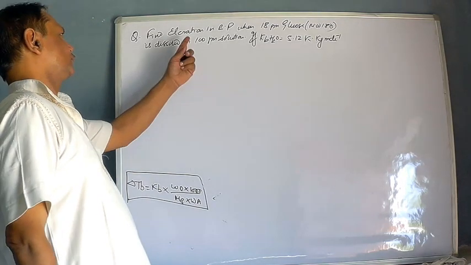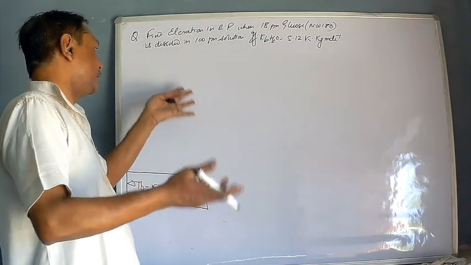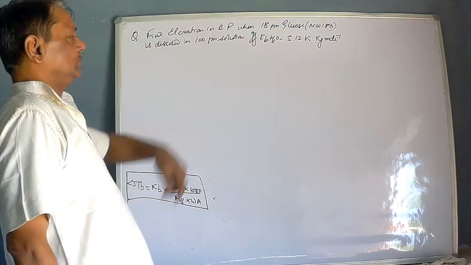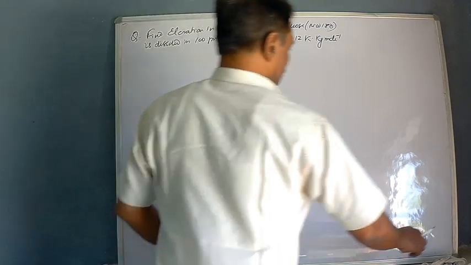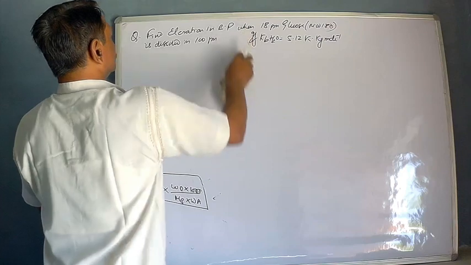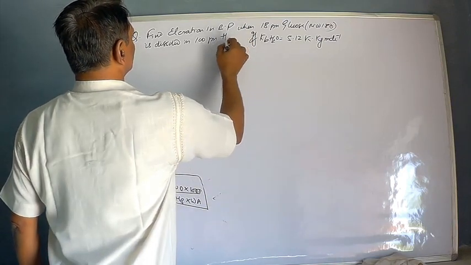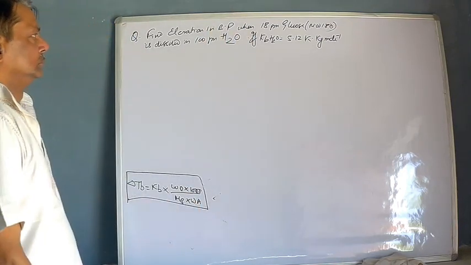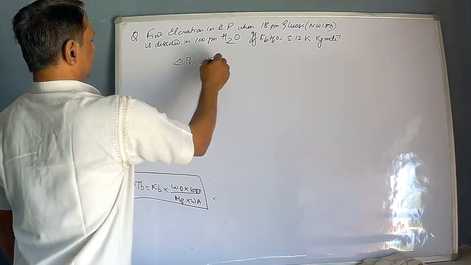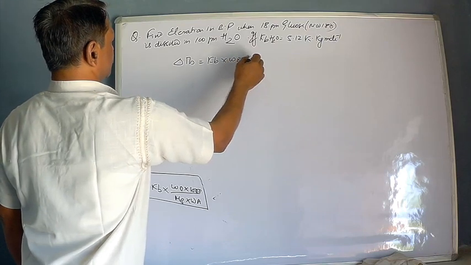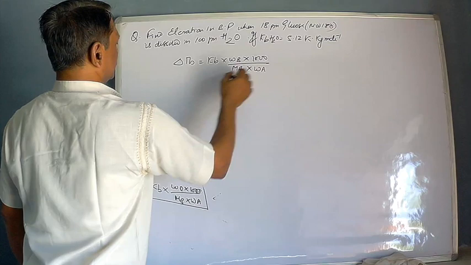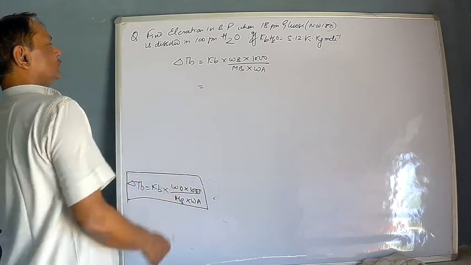So class, we are supposed to find out how much the temperature will be elevated when we put 18 gram glucose in 100 gram solution, or rather we can call it 100 gram H2O. So we use this formula, delta TB equals Kb into Wb into 1000 upon Mb into Wa. This we are supposed to find out.